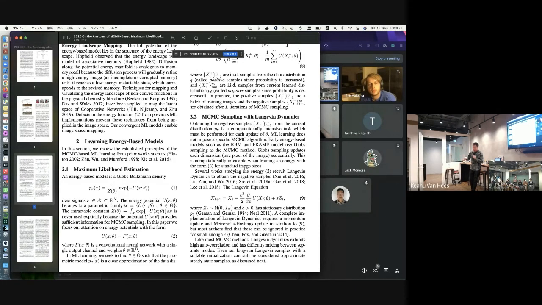And the way you walk down that Markov chain is you take 2 directions. One direction is you look at the loss function and find the gradient descent direction. The other force is a random force.